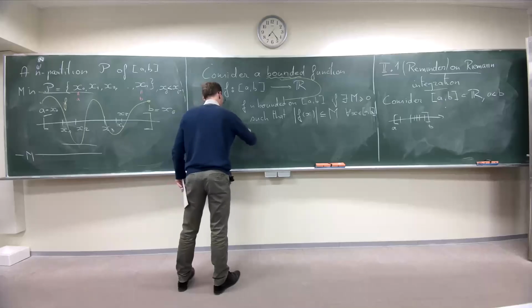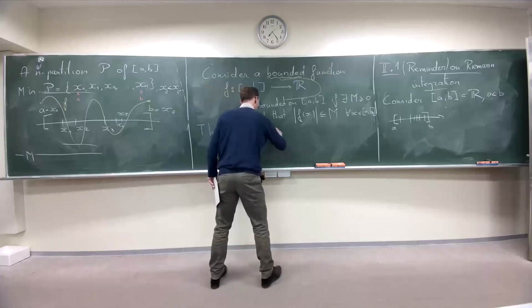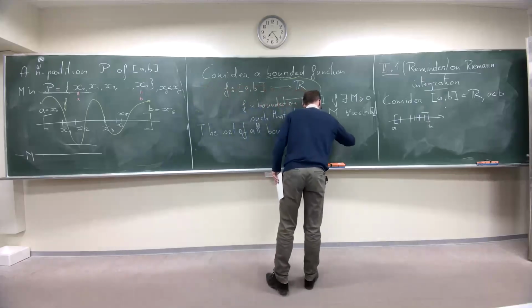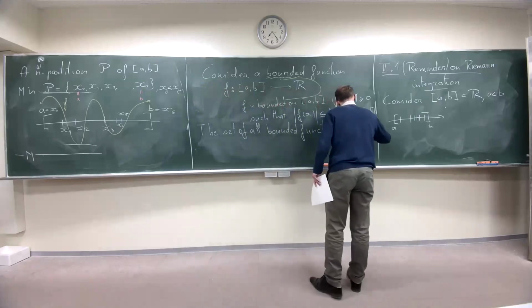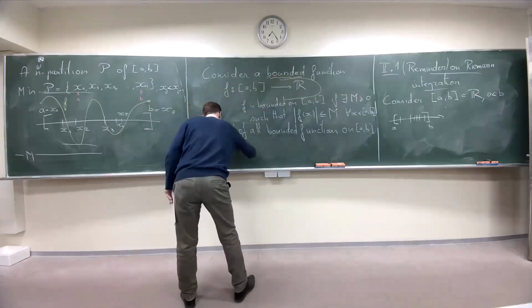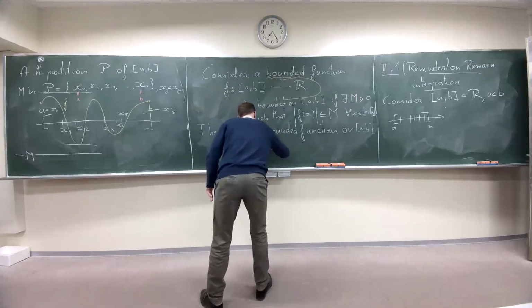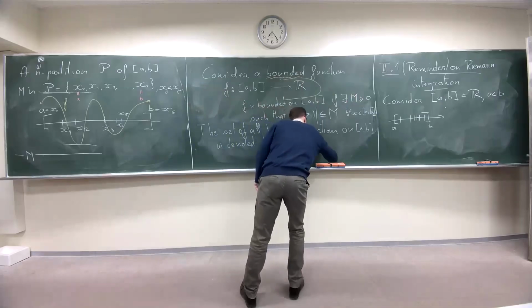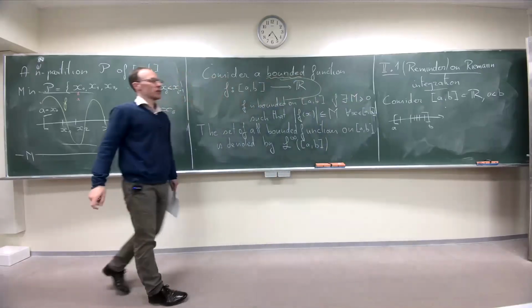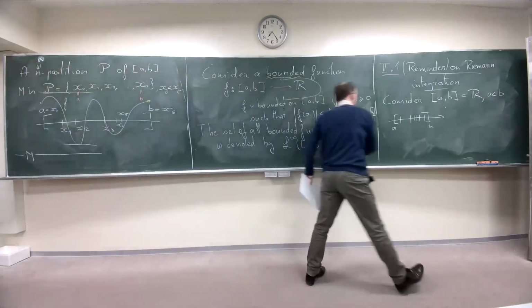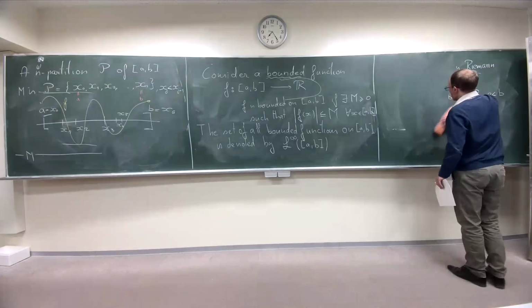The set of all bounded functions on AB is denoted by curly L. I do it a curly L on purpose. Maybe you cannot understand right now, but let me just stress one thing.